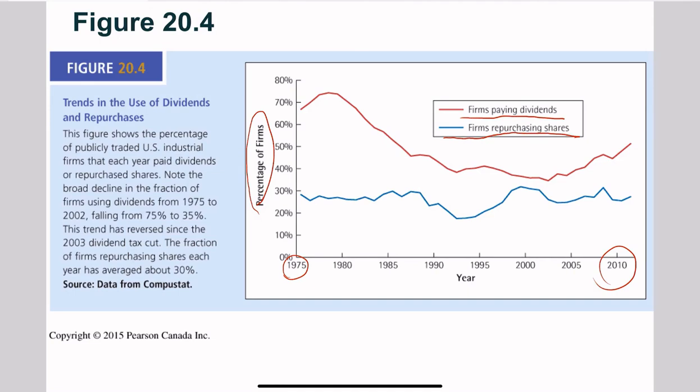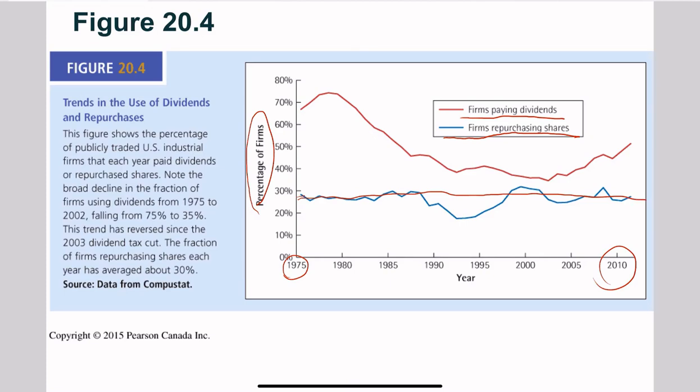first, the firms paying dividends always have a larger percentage compared with firms repurchasing shares, right? So you can see that there's about 30% of firms who purchase shares every year.